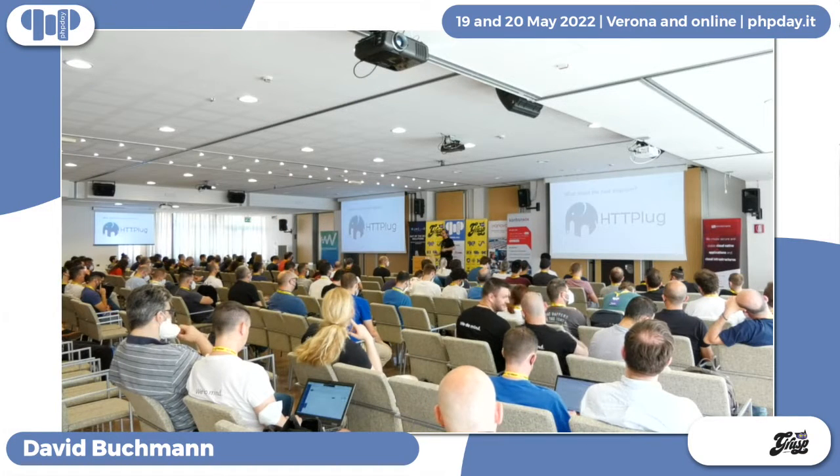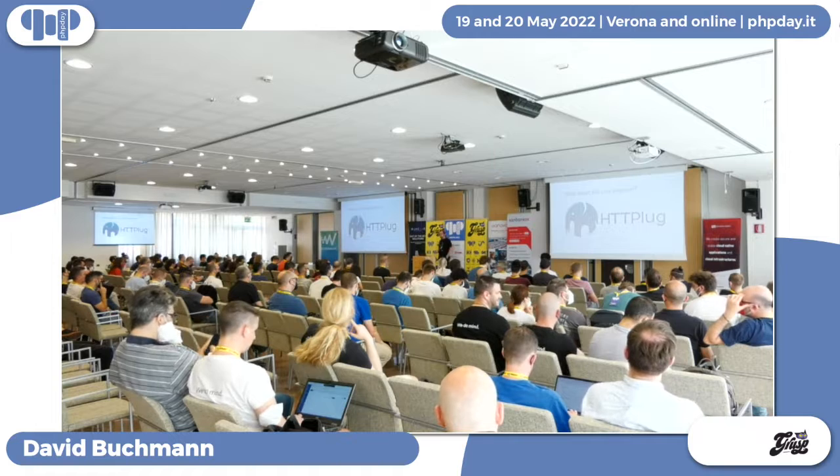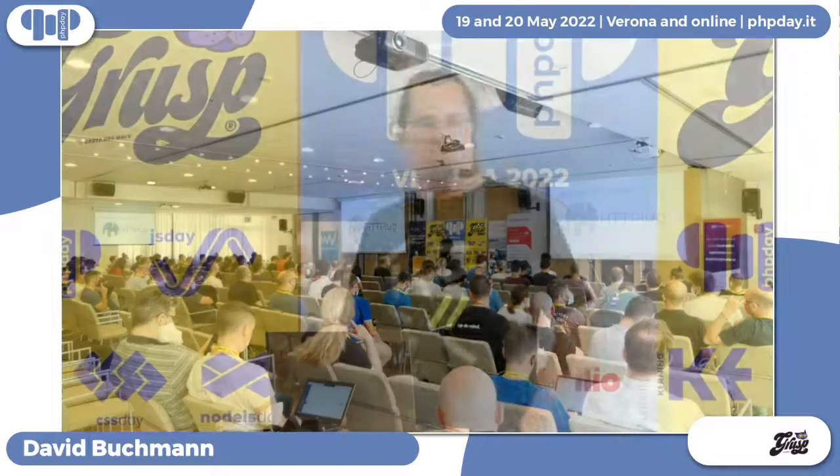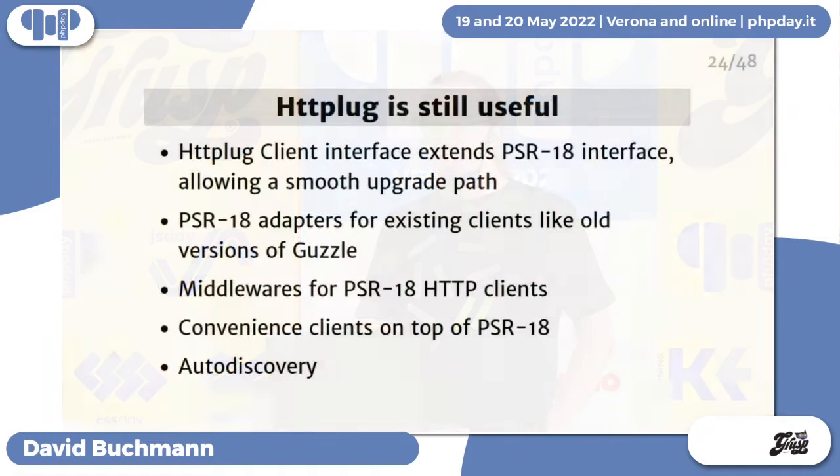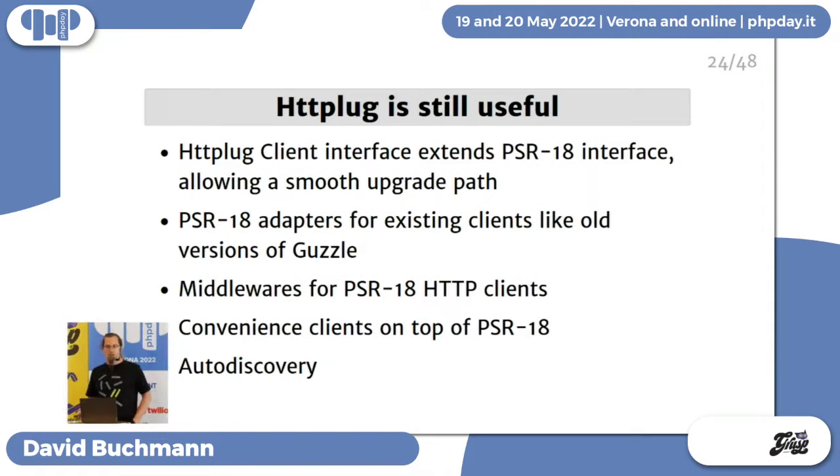So what happened with the HTTP plug? Is it obsolete? Is it replaced by PSR-18? The main interface is replaced. We made the HTTP plug interface extend the PSR-18 interface so that you can have a smooth upgrade path.